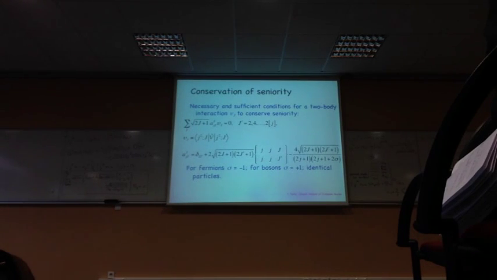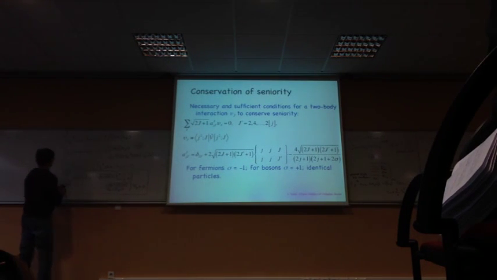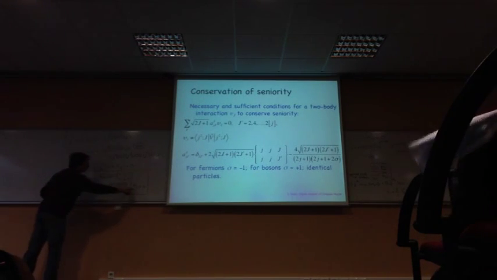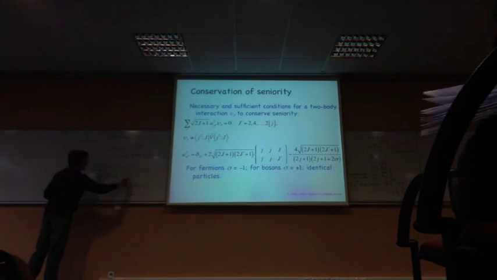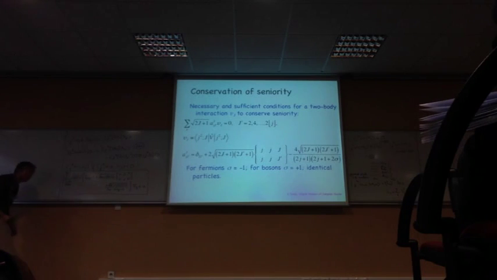So I made a mistake in my notes. No, it's J, because the summation is over all the two-body matrix elements here. The J prime, you can choose. The only condition is it should be even and different from J.